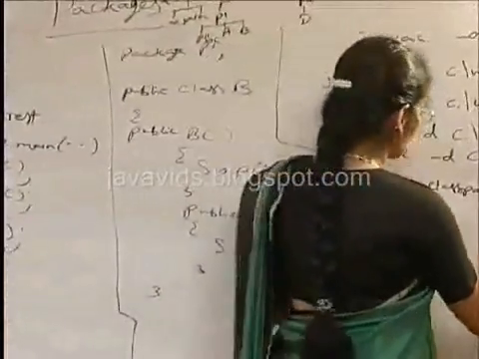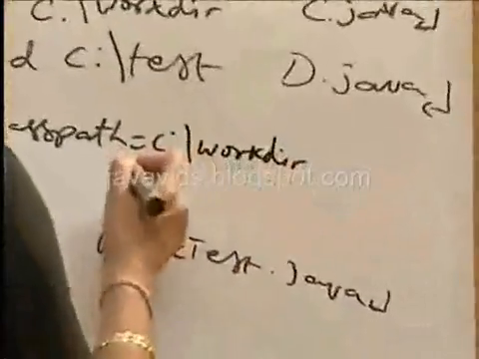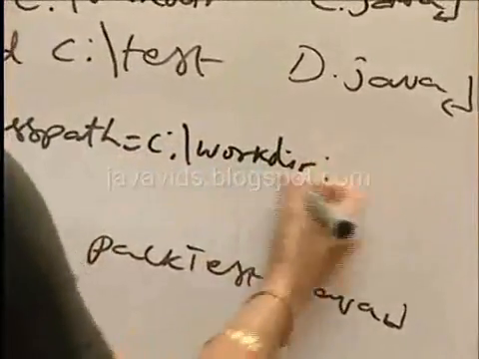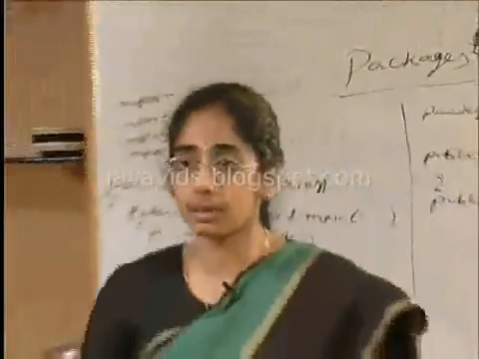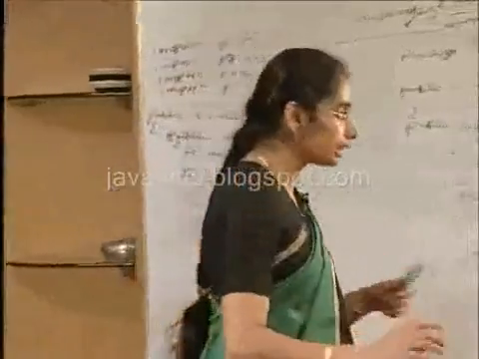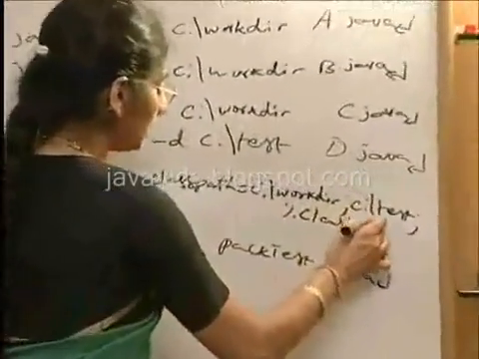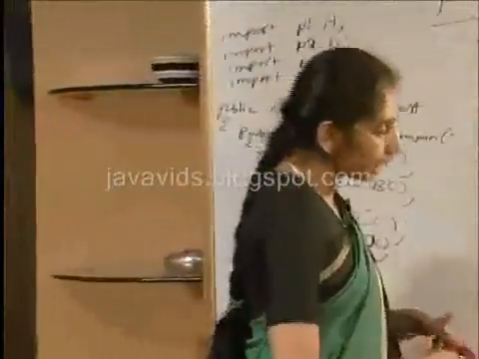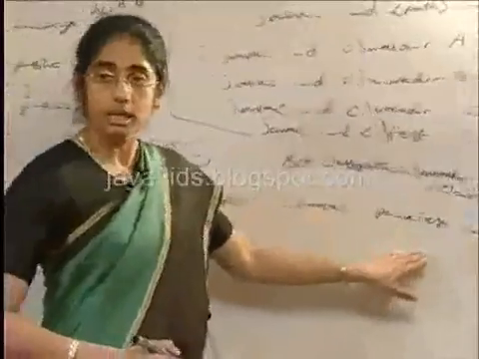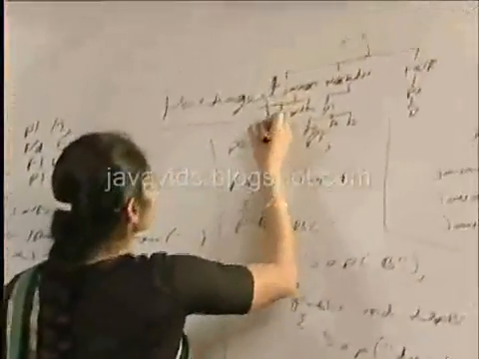So set classpath equal to C:/work directory, because you have a package directory under work directory, also C:/test, plus you might want to retain the classpath which was already existing, so %classpath%. Then compile the code. It compiles and puts packtest.class under Java source.